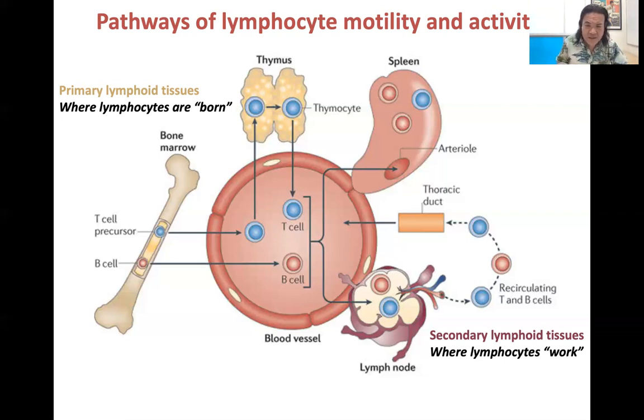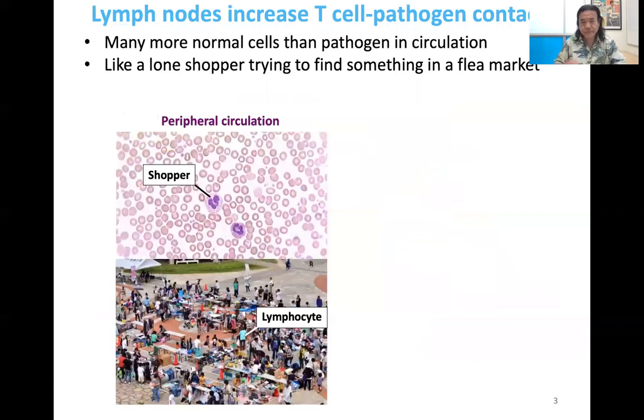Why wouldn't it be enough just to have them floating around in our blood, and wherever they bump into things that their antigen binding domains on their immunoglobulins or T cell receptors recognize, why can't they just do their job there, right? So let's talk about this, because this has to do with how evolutionarily we've organized our immune system, with these lymphocytes going between our blood circulation and our lymph.